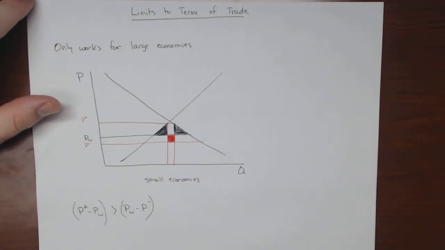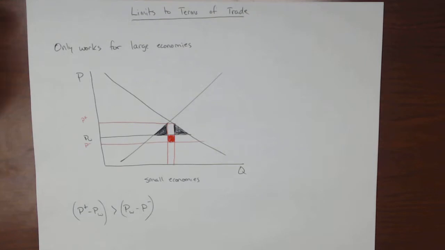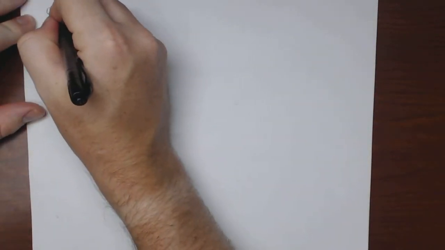So the idea is that not only does the tariff have to be relatively small so that it doesn't prevent international trade and result in zero imports, but it also has to be imposed by a large economy, because there the large economy is able to pass off the greater amount of the incidence onto foreign producers.